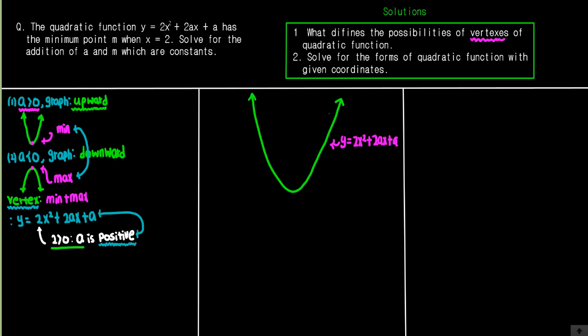They say that the vertex of this function, when you convert it into a coordinate, will always be x comma y. But the question mentions that the vertex's x coordinate is 2, so our x value is 2. The x value is also the input of our function.